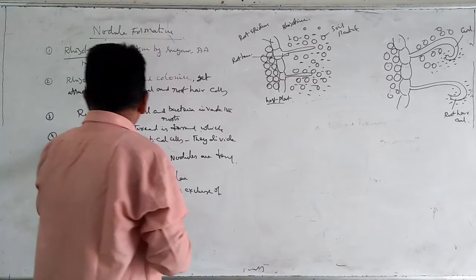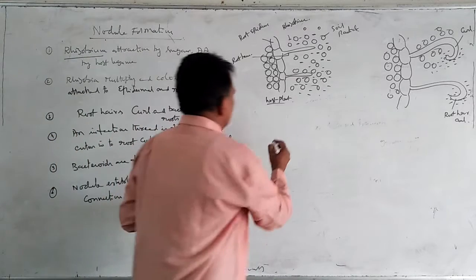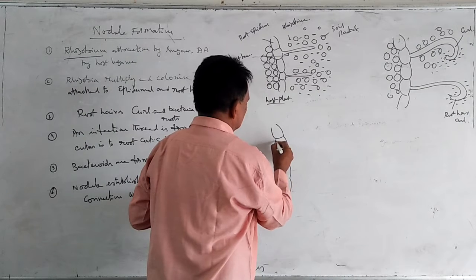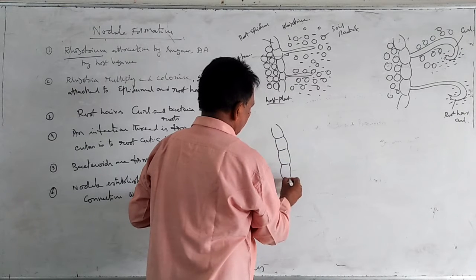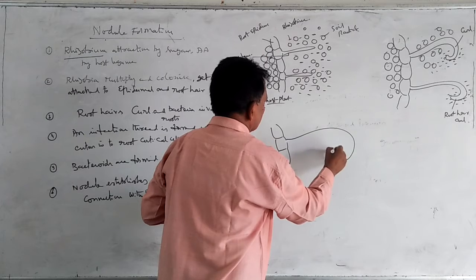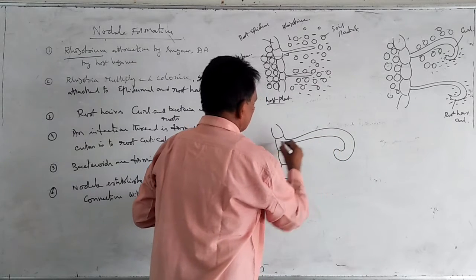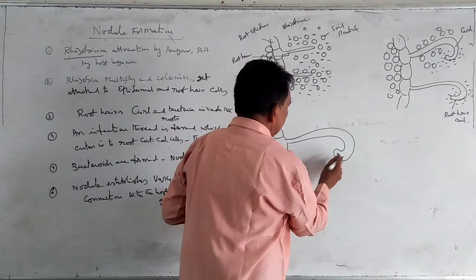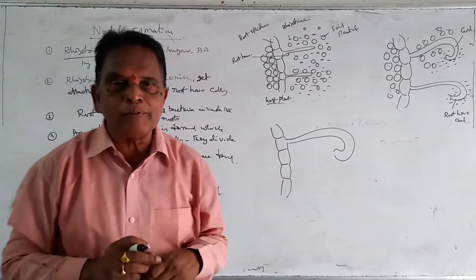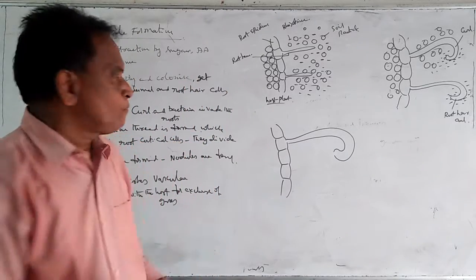In the third step, an infection thread is formed. If you observe the rhizobium at the epidermis, the epidermal wall of the root hair becomes disintegrated.